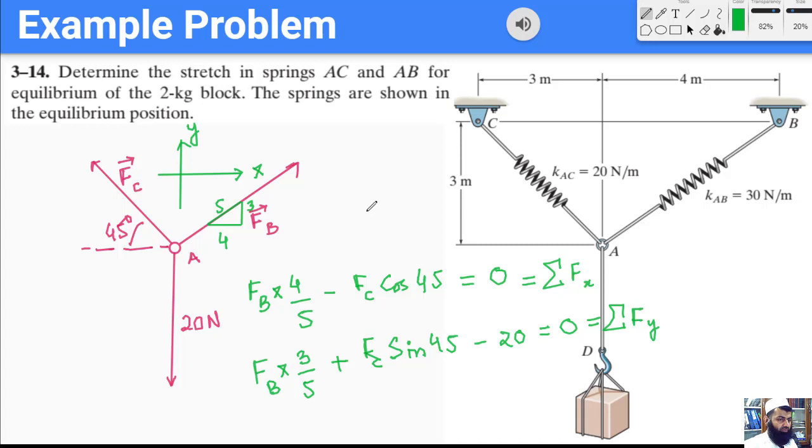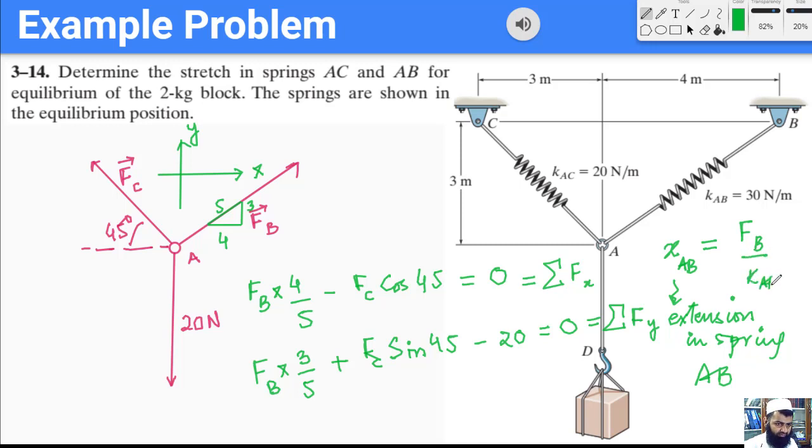So now we would know that the extension in spring AB, let's just call it XAB, this is just the extension in spring AB, and this extension is just going to be equal to FB, which is the force in the spring, divided by KAB.